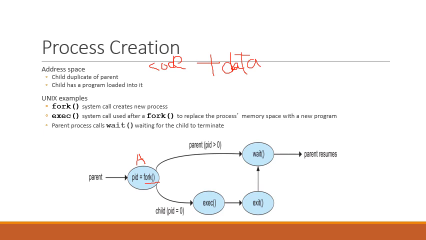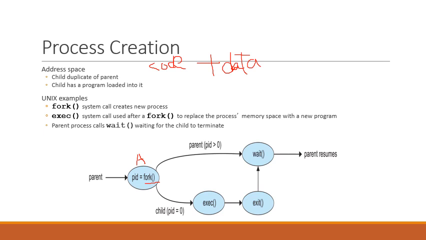And the second thing is that the fork system call returns an integer value both in the parent process as well as in the child process. In the parent process, the fork system call will return the process identifier of the child process.